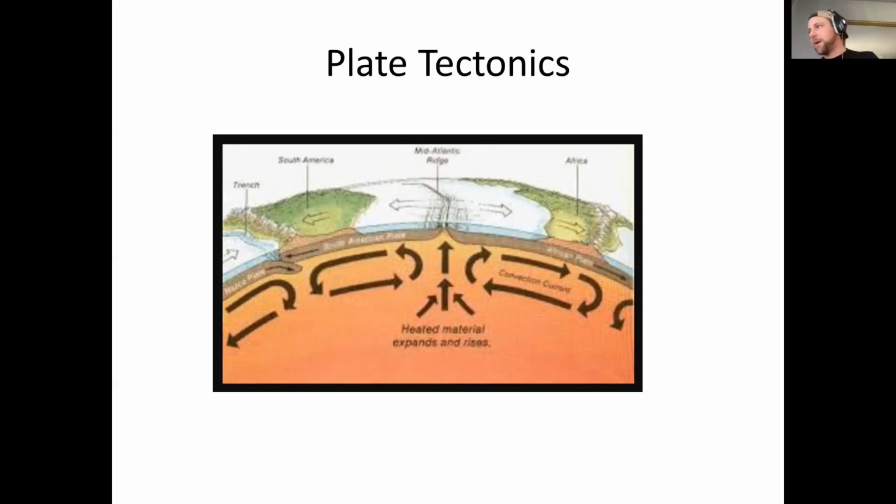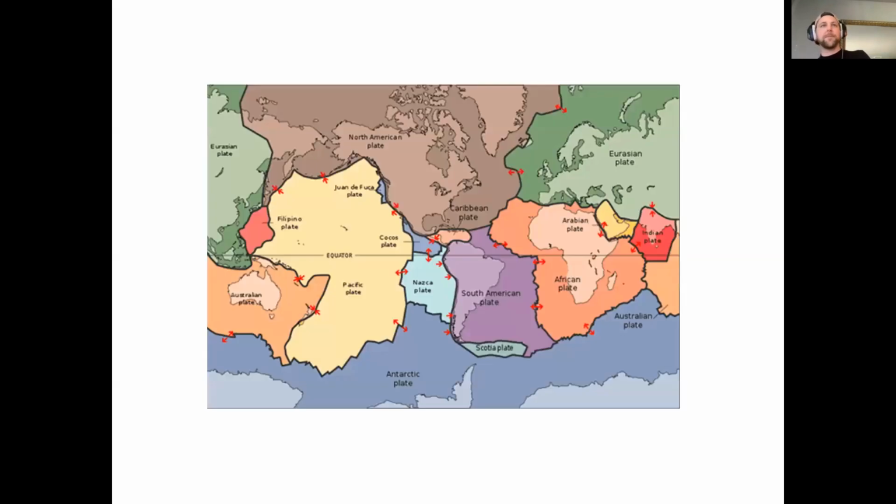And once mapping became really big, they started seeing that these continents fit together like a puzzle piece. And they didn't know how they move, but they just, based on observations, theorized that the plates do move. And it wasn't until later with some better scientific instruments that they were able to determine how they moved after that.